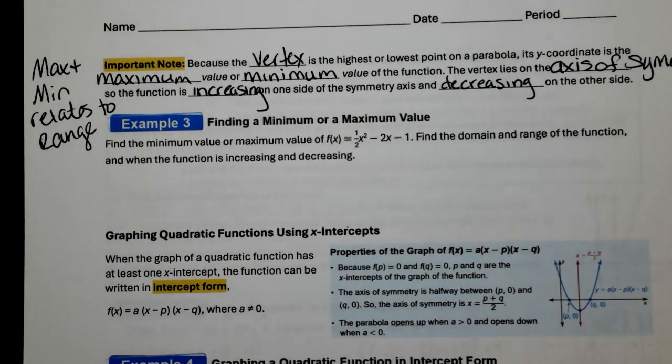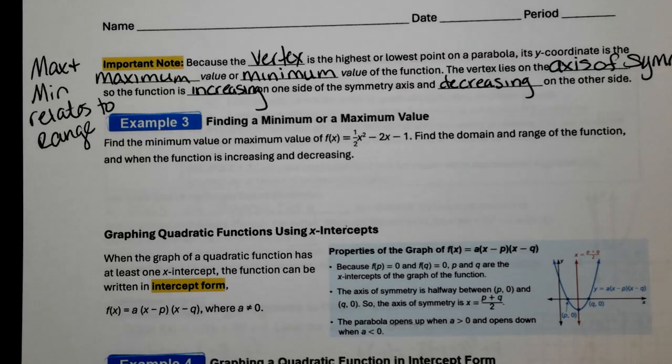So that means if you're asked for the range and you know the maximum and minimum value, you can state the range just by knowing that value. And remember, the y value of your vertex is your maximum or minimum. It's also what you use for your range. That's what I was trying to say.